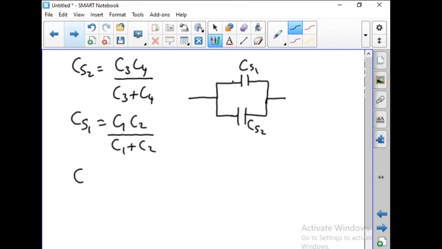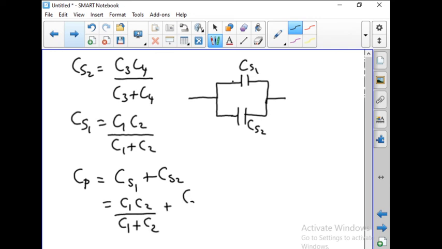As a result, Cp is equal to CS1 plus CS2. What is CS1? C1 C2 by C1 plus C2 plus C3 C4 by C3 plus C4.